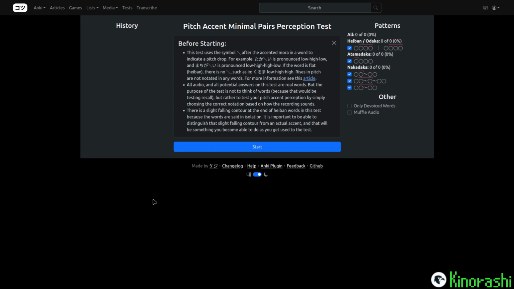For nakadaka verbs, for the past tense and conditional forms, the step down is on the third to last mora.